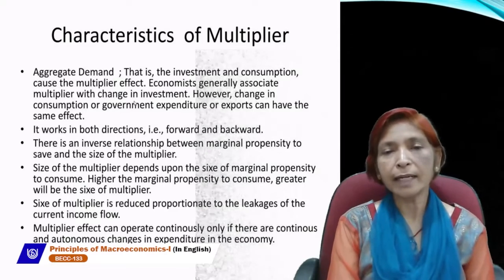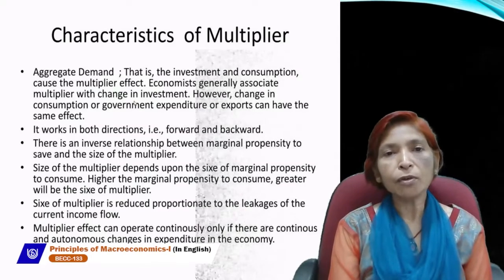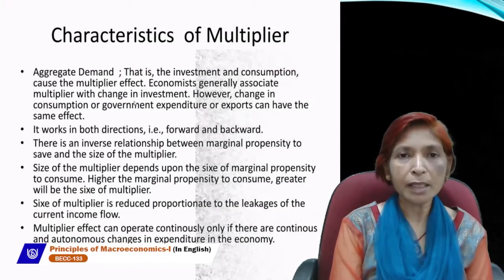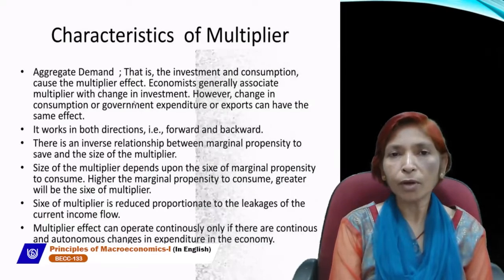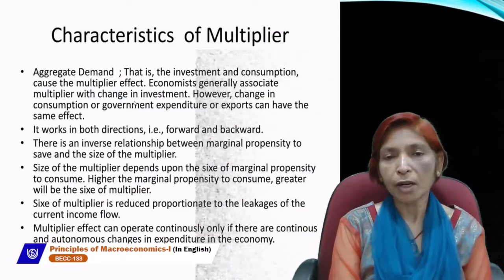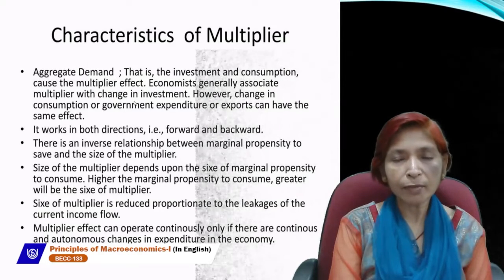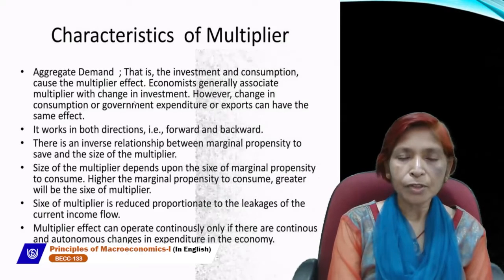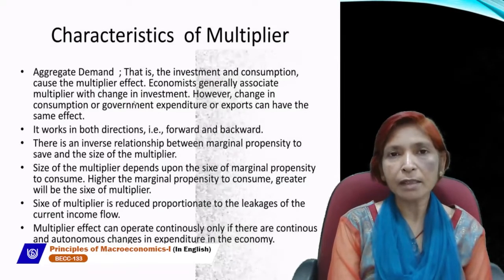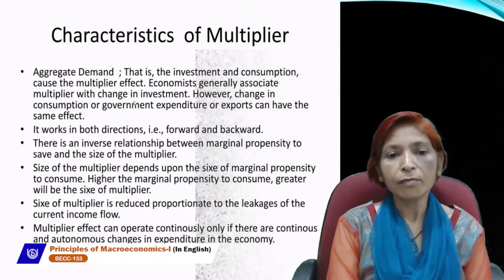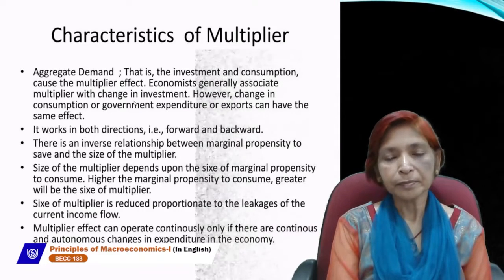The main reason behind this is if our consumption increases and our demand increases, then producers will be motivated to produce more goods and services. In this case, production will increase, investment will increase, and income will increase multiply. So if consumption increases, then multiplier will work positively or forward.